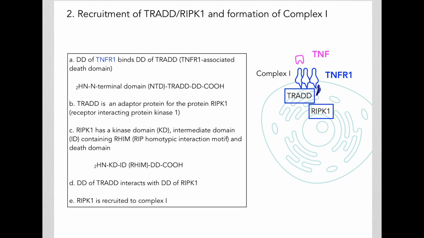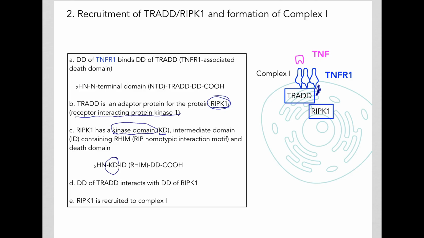Now TRADD is an adapter protein for the protein RIPK1, a very important protein to remember, RIPK1, which stands for receptor-interacting protein kinase 1. Now RIPK1 has a kinase domain. Remember, kinase is an enzyme, so it has an enzymatic activity, a KD domain. You can see the KD domain here.